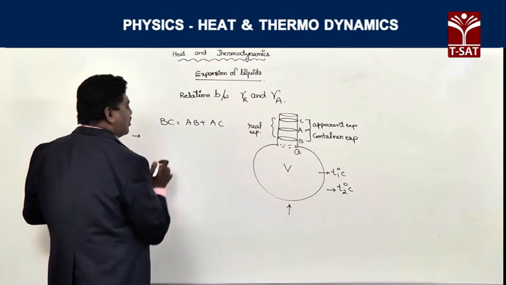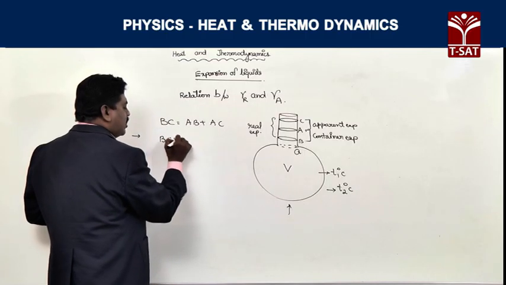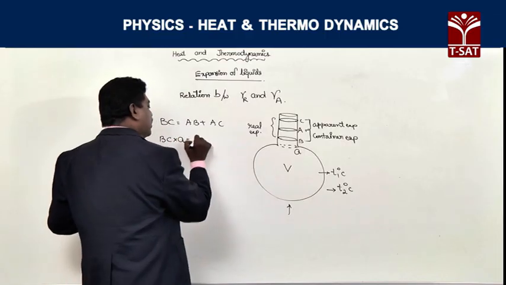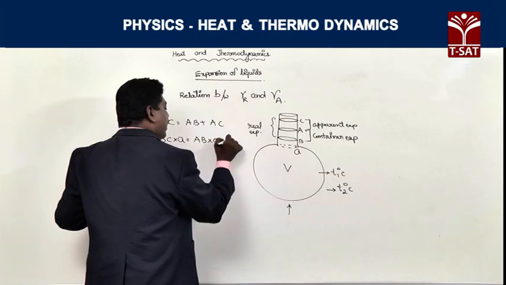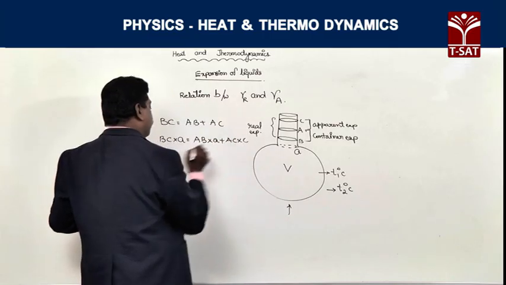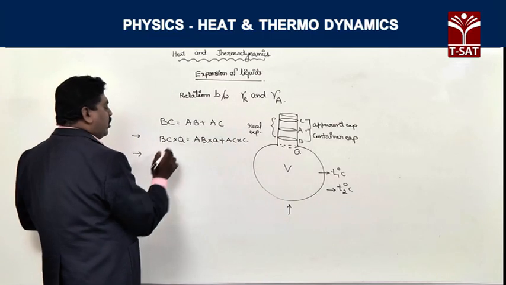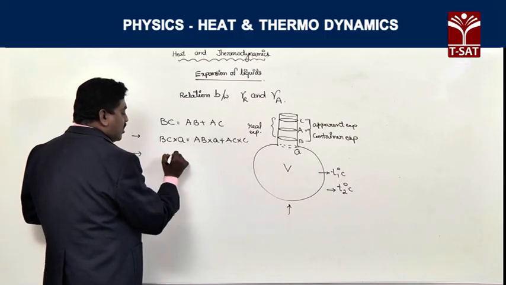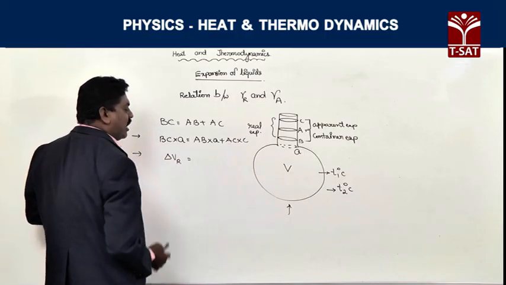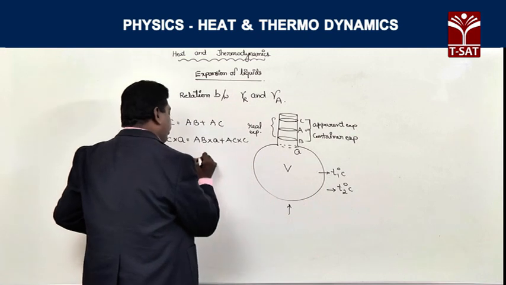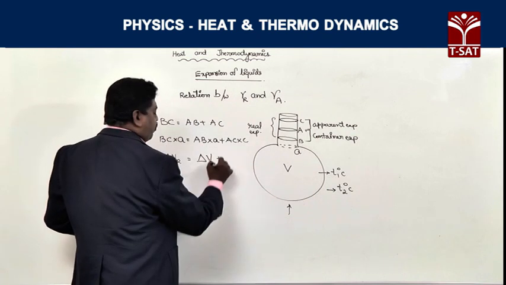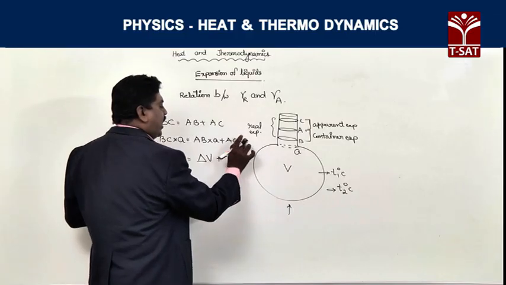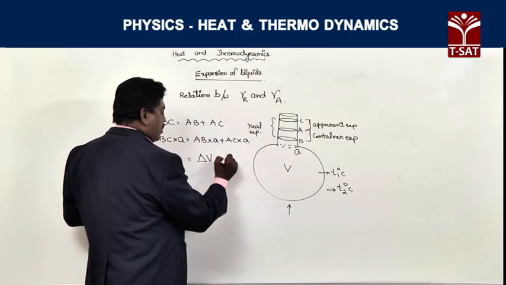Multiplying area of cross section throughout, we have BC into A is equal to AB into A plus AC into A. Now, BC into A is taken as real increase in volume delta VR, AB into A is taken as delta V, the container expansion, and AC into A is taken as delta VA.